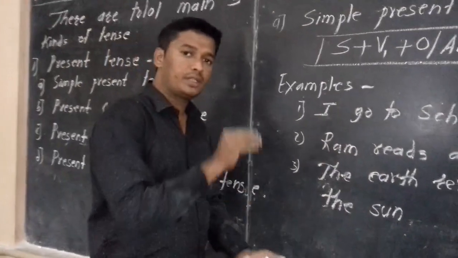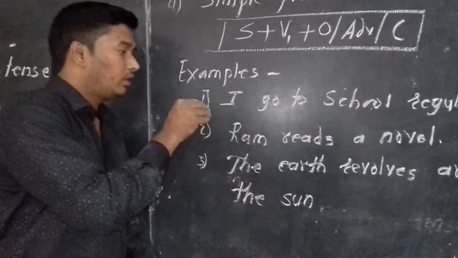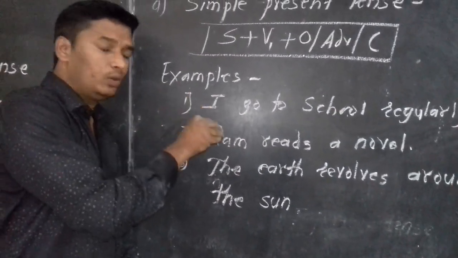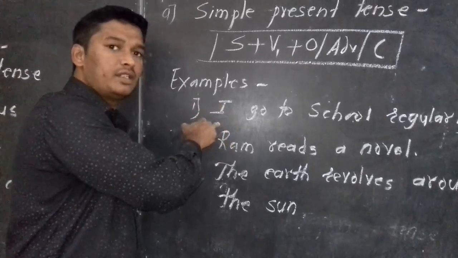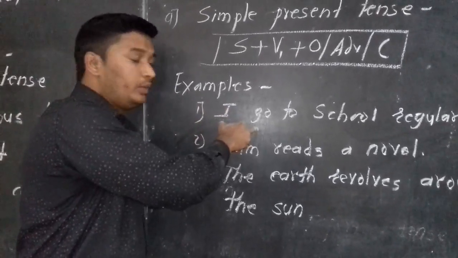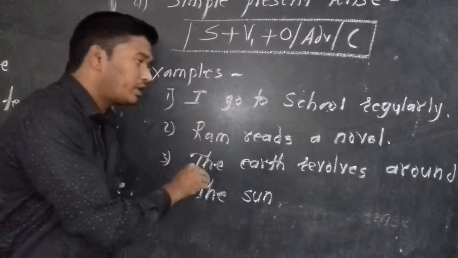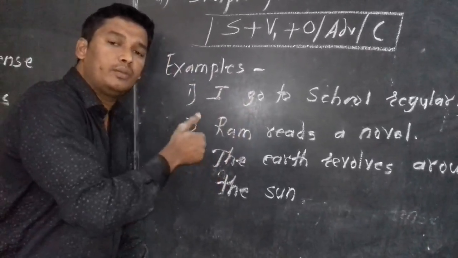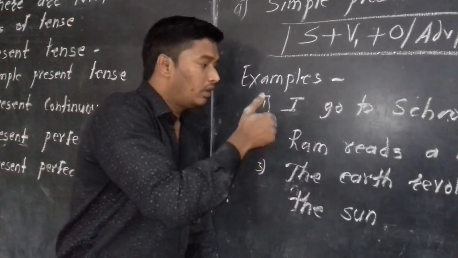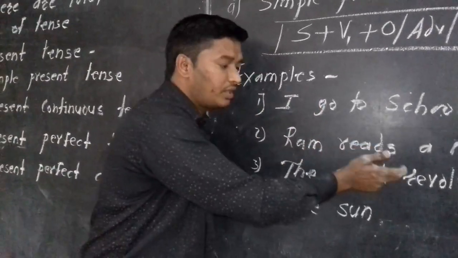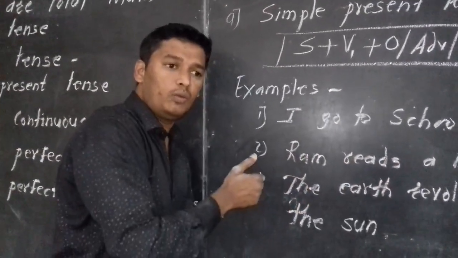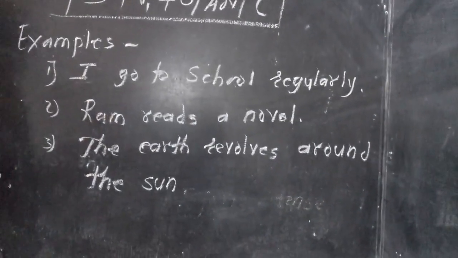If you noticed the verbs, then look, in the first sentence the main verb is go without any suffix s or es. But in the second and third sentences the main verb has been with s suffixes. Look, what is the reason behind that s suffix?